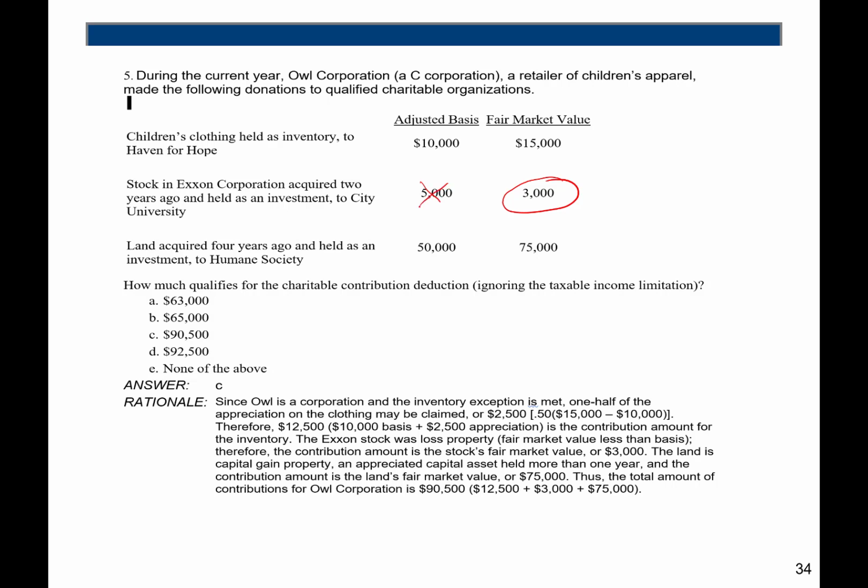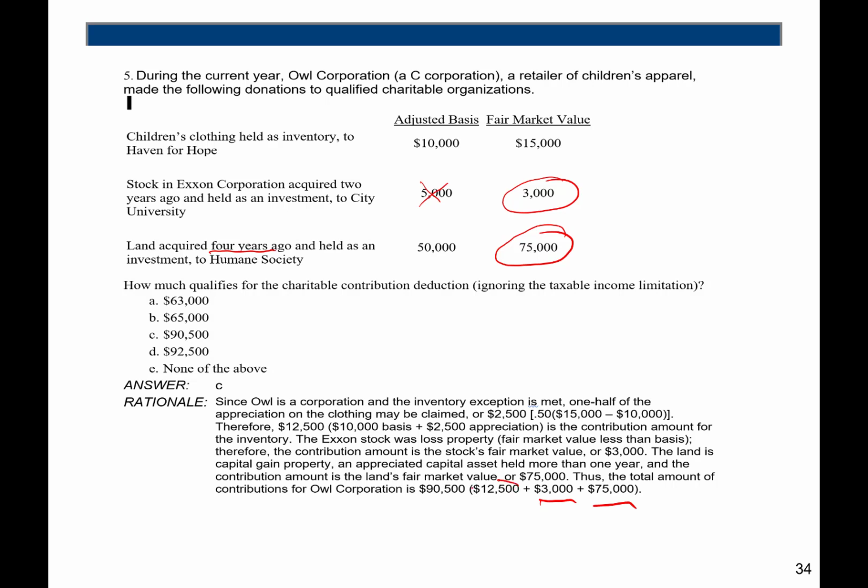Okay, and then we've got this one, which is land acquired 4 years ago, so it's meeting the requirements of long-term capital. And we are able to pick up the fair value here of 75,000, right? Now, so far we've got that 3, we got that 75.